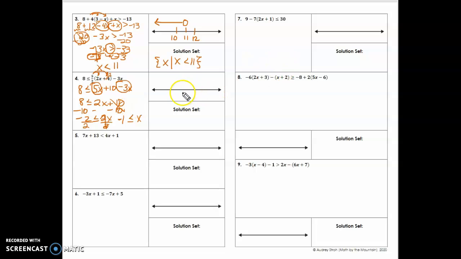Okay, so now I have my solution set of -1. That's going to go in the middle. My 1 up is 0. My 1 down is -2. I'm reading from the variable. You want to read from the variable.